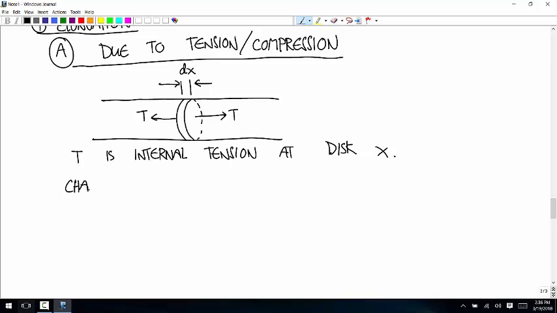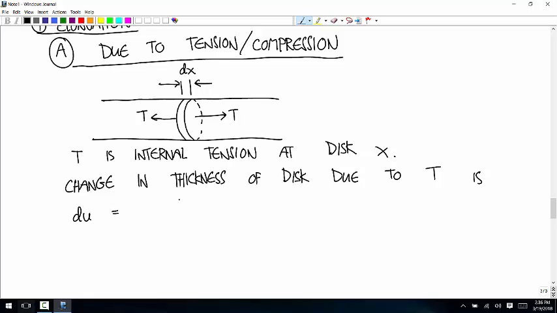So the change in the thickness of the disk that's due to that internal tension T is du equal to the tension times dx over EA.